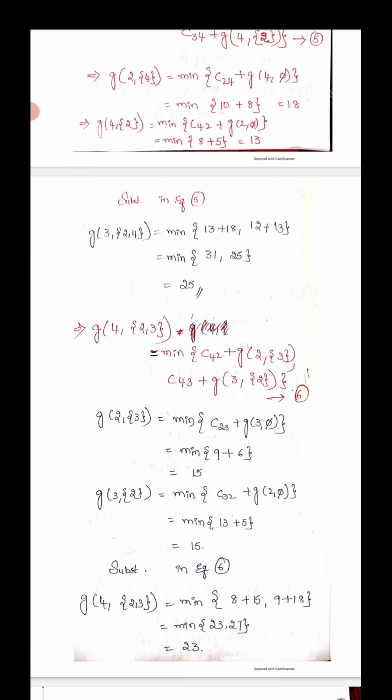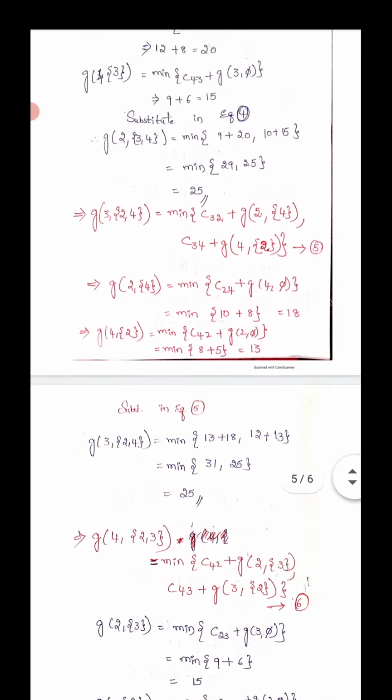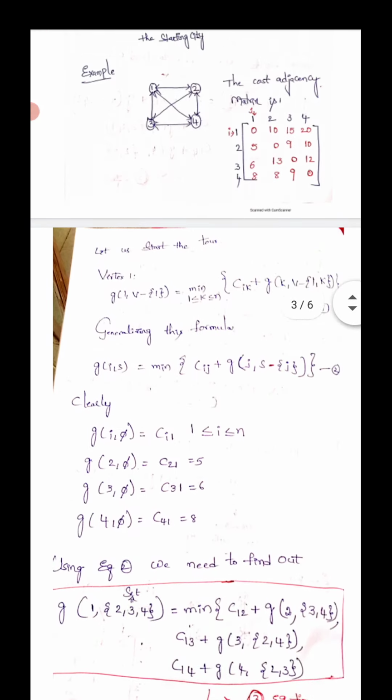Now we have to calculate g of 2 comma 3, that will be assigned to the minimum of c suffix ij in the sense 2 3 plus g of j in the sense 3 comma set in the sense 3, set minus j in the sense 3 minus 3 gets cancelled. How much can you get? 5. Now the minimum of c suffix 2 comma 3, how much value? Cost of adjacency matrix second row third column.